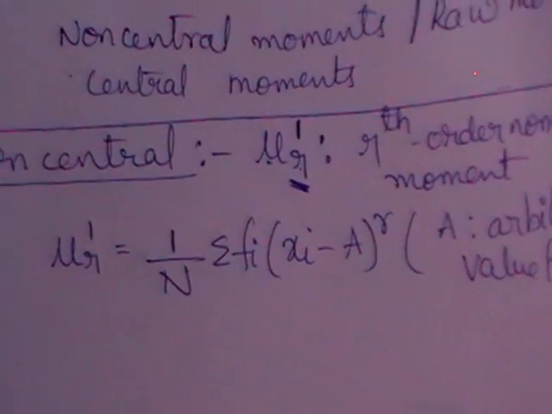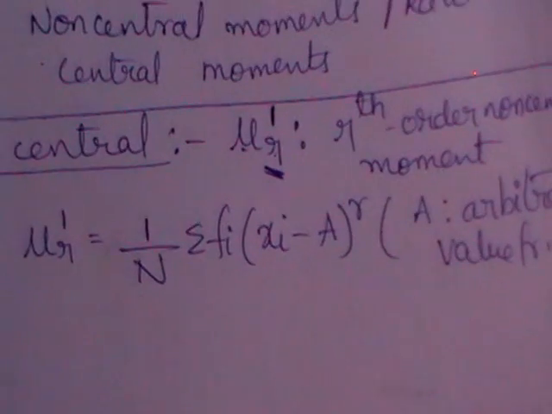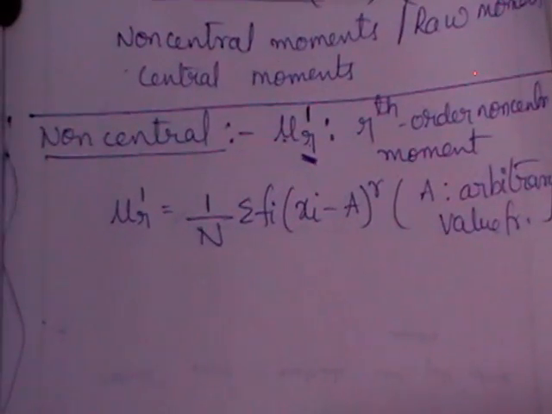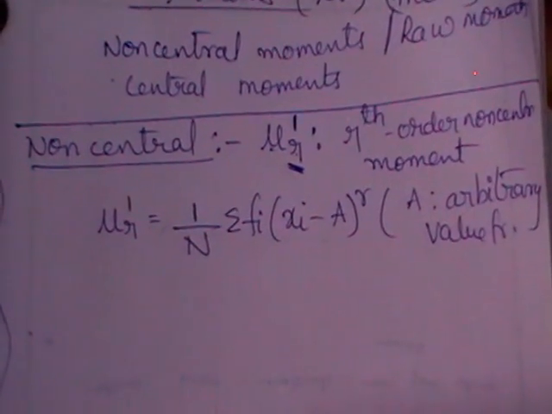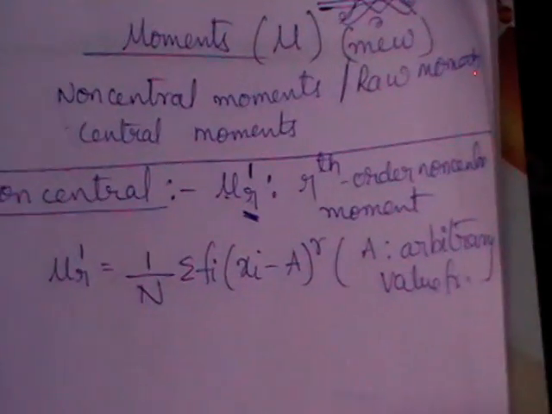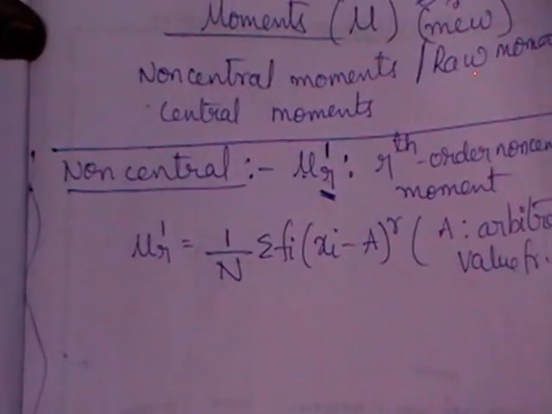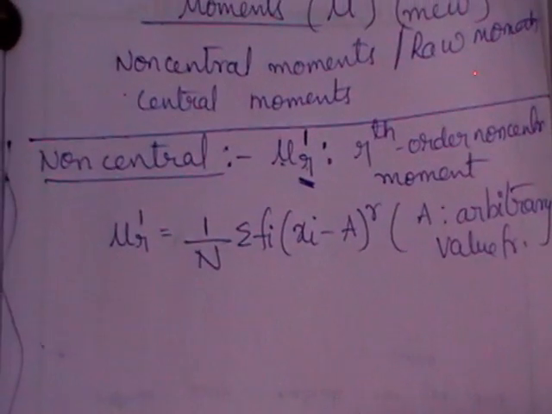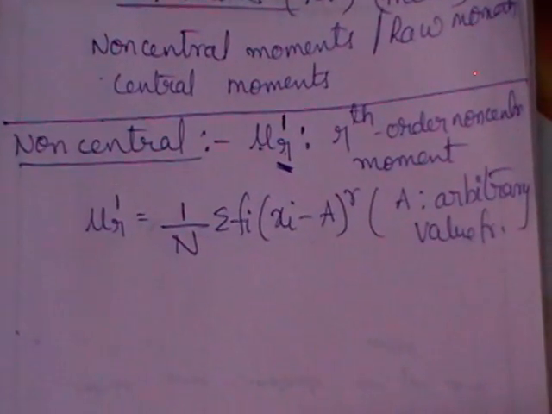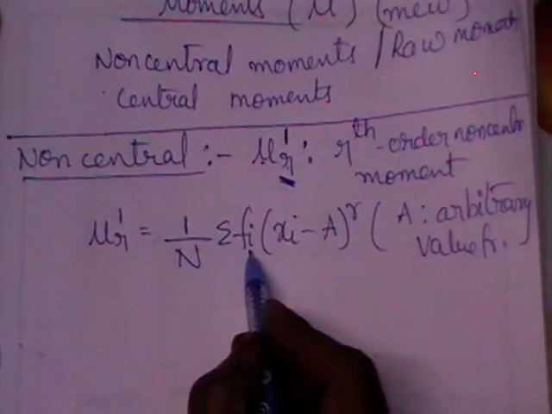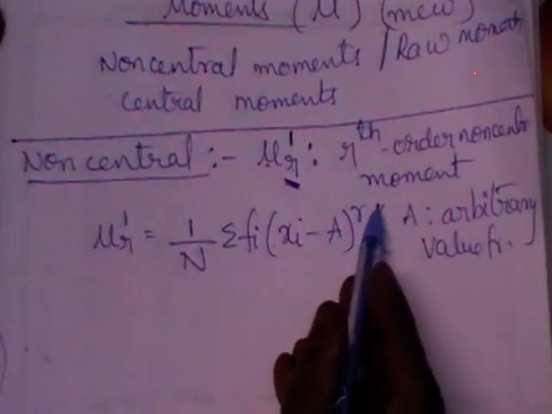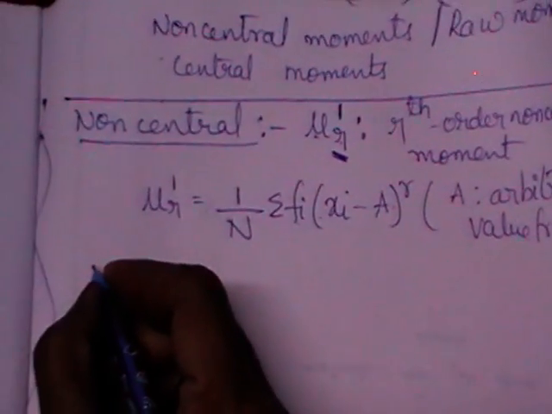Moments are represented with mu. Non-central moments are represented with mu r dash. That suffix r stands for the order. Mu r dash stands for the rth order non-central moment. So we define that as 1 by n sigma f_i into (x_i minus a) whole power r.